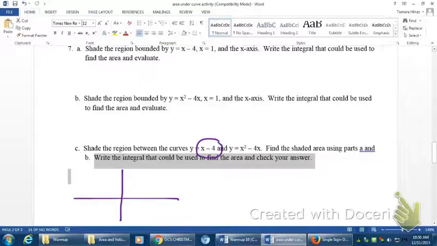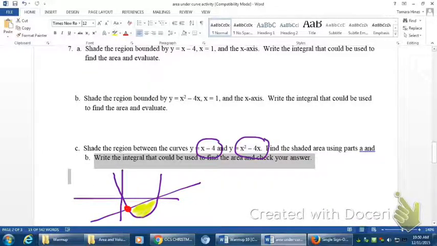We're going to graph x minus 4. We're going to graph x squared minus 4x. Alright, x minus 4 is the line. X squared minus 4x is a parabola, kind of like that. The part that it would be wanting me to find the area of is the area between those two curves.